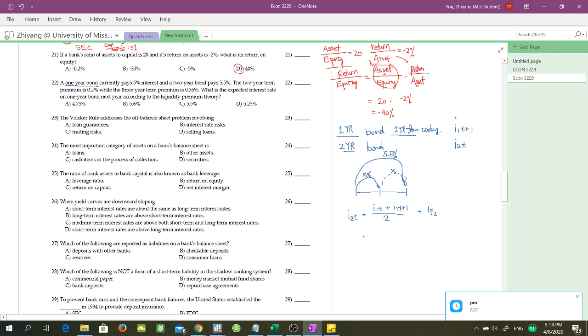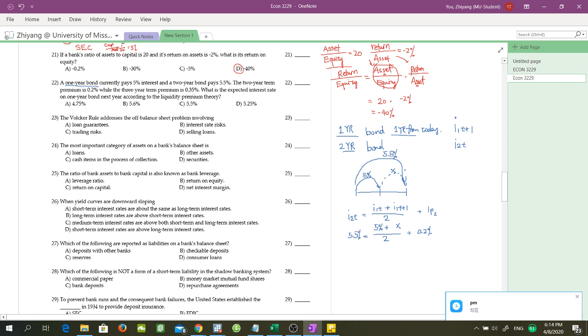After plugging everything I know in there, this will be 5%. This will be the x I'm looking for, and this is 2 plus 0.2%, and that should equal 5.5%.